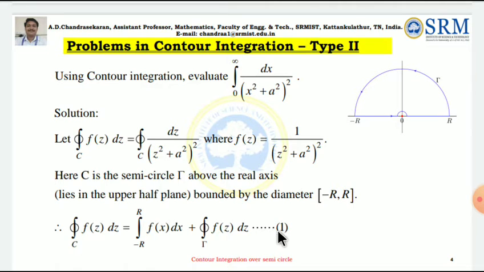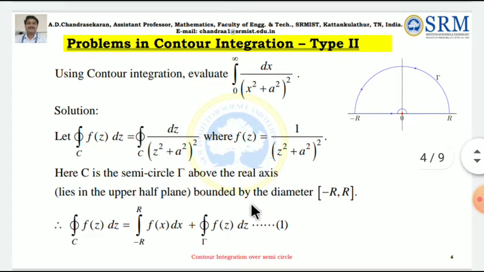So this is my equation number 1. In this equation number 1, we have to calculate some values, but before that I would like to proceed with the left hand side, because the left hand side is familiar for us. By using Cauchy's residue theorem we get the left hand side value, then by using Cauchy's lemma we will get the required one. Let us see the left hand side first.